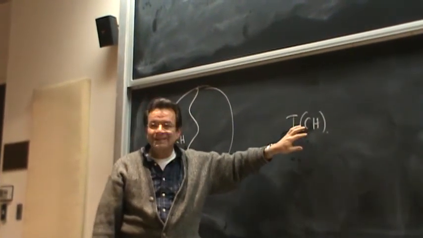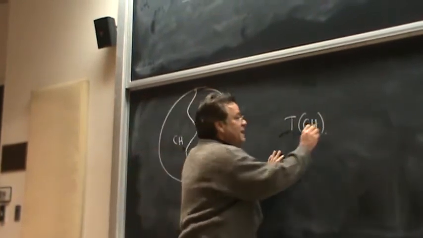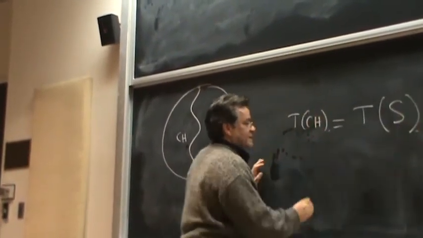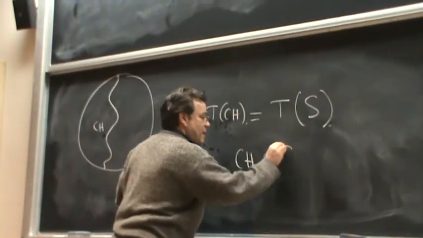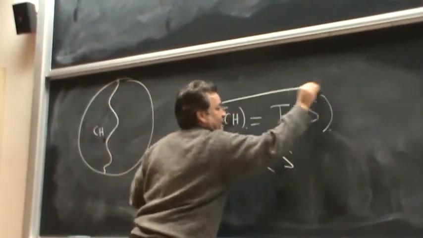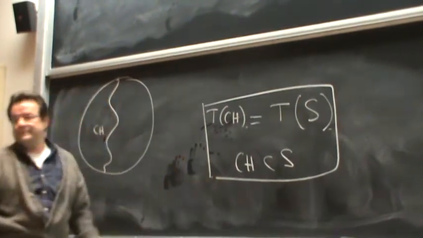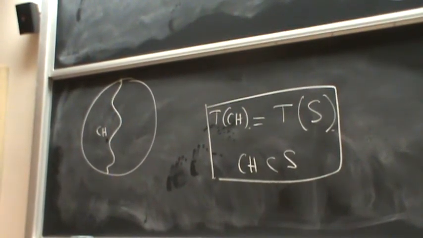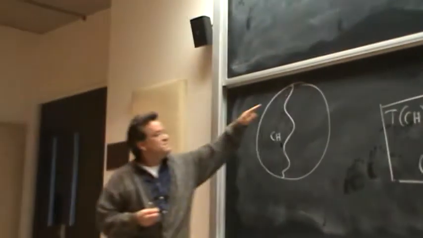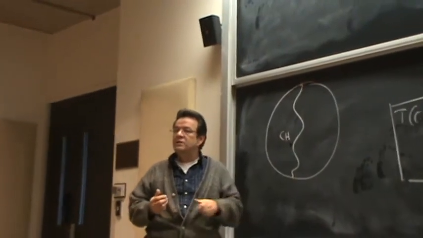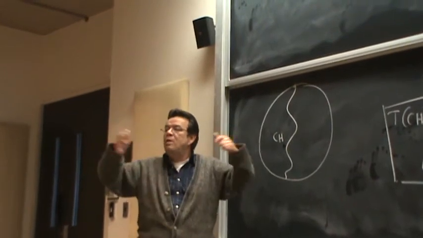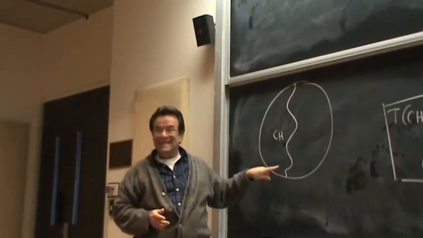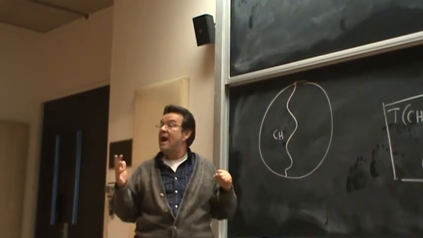It happens that that set of triples is equal to the set of triples of S. So if you want to think about what a maximal chain is doing, the maximal chain is consuming all the triples that a consistent set that contains that chain may have.